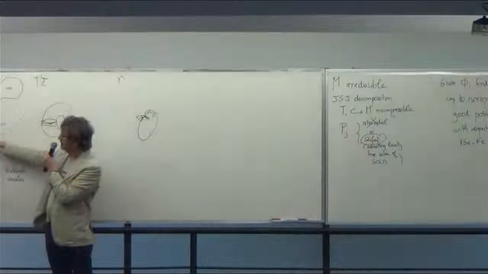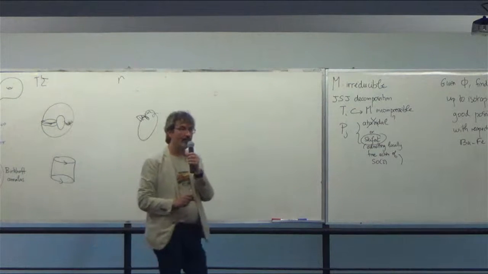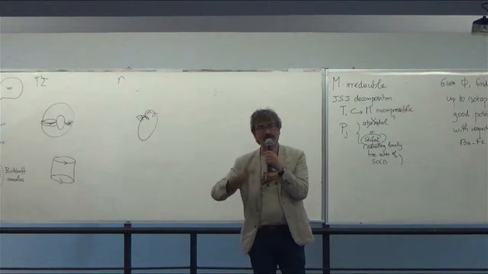Here, it's not the case. This annulus does not wrap: the only place it intersects the stable leaf of this curve is here, locally. So we are not wrapping around the periodic orbit.